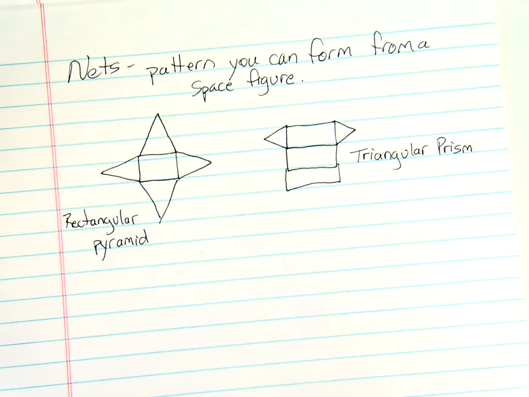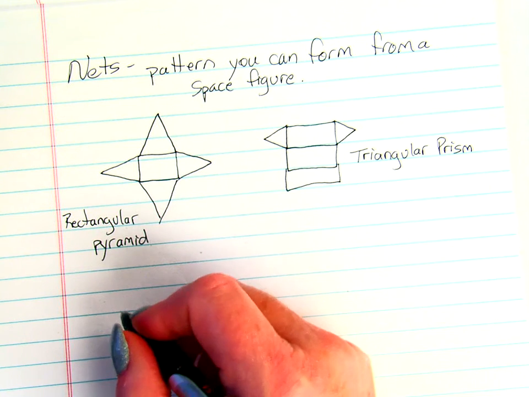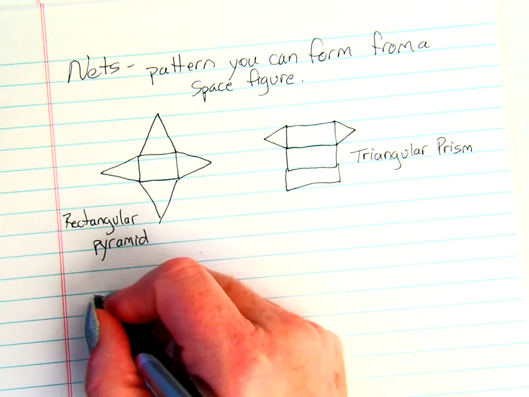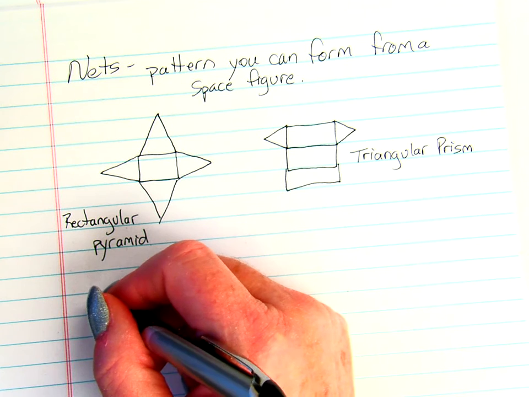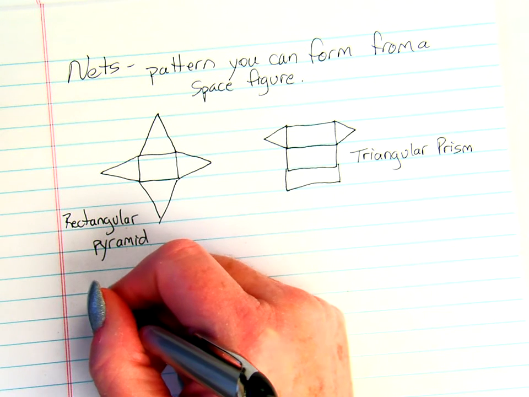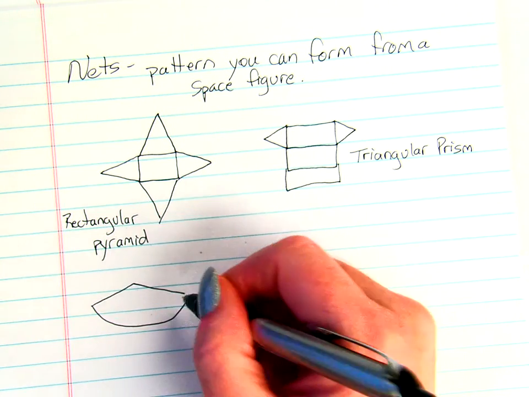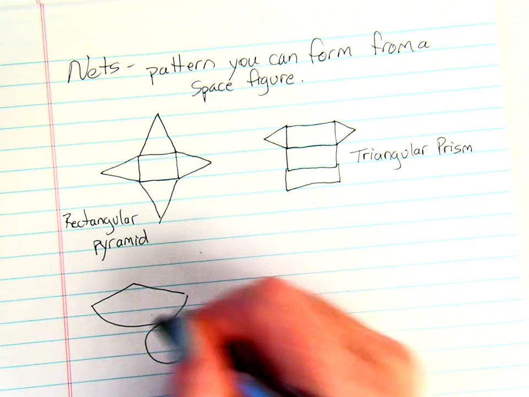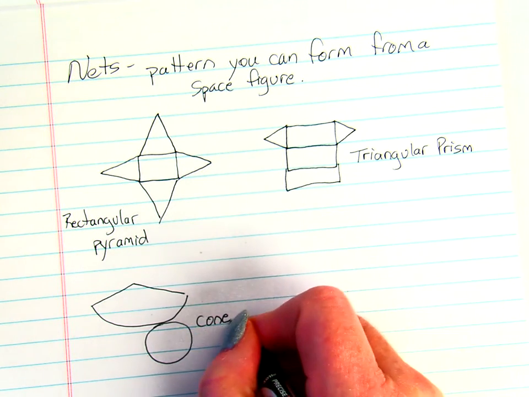Your sphere, we don't really net that. But our cone is odd looking because what happens with a cone is that we have kind of an odd shape like this with a circle here and then attached to a circle. So this is kind of what our cone looks like.